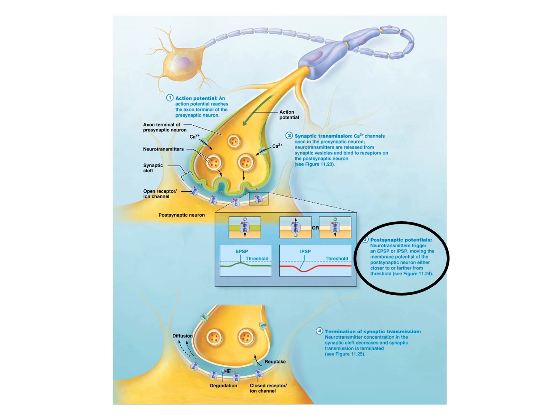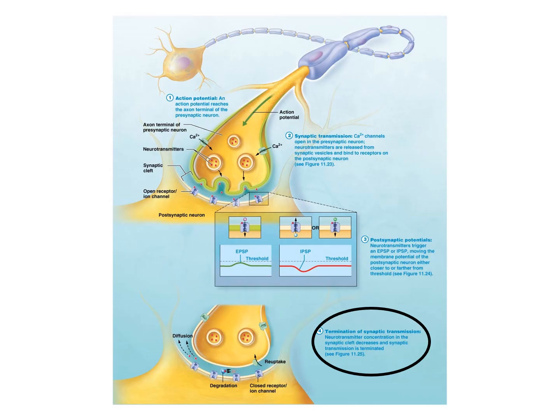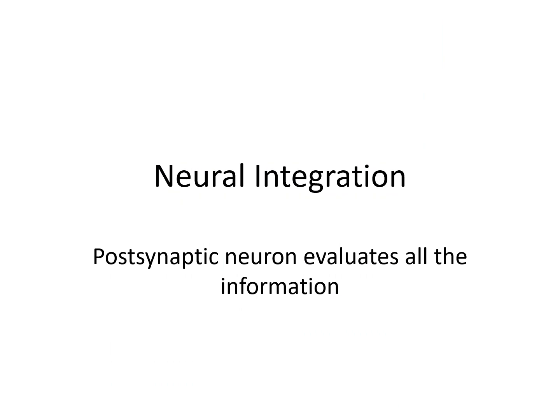Here on the left is an EPSP, on the right is an IPSP. Number 4, we have termination of the synaptic transmission. We mentioned there were 3 different ways to terminate the transmission: diffusion and absorption, reuptake, and the digestion of the actual neurotransmitter.